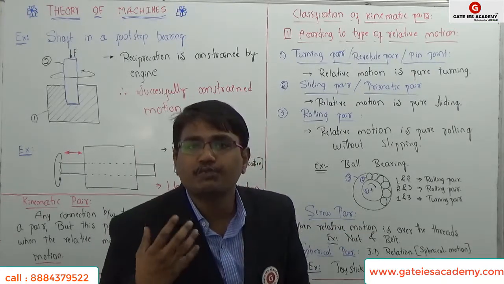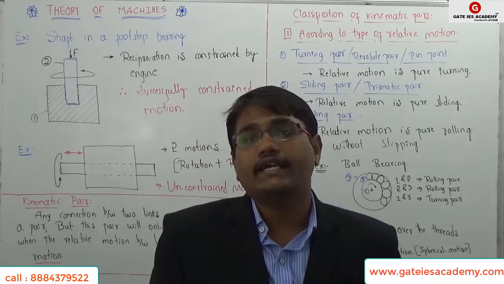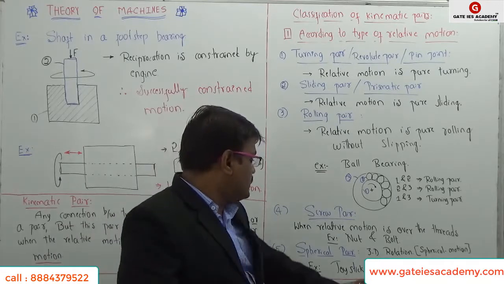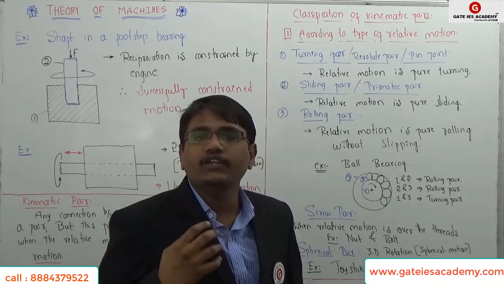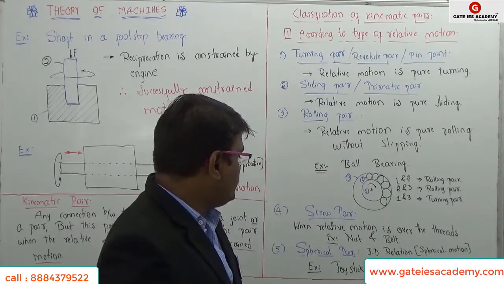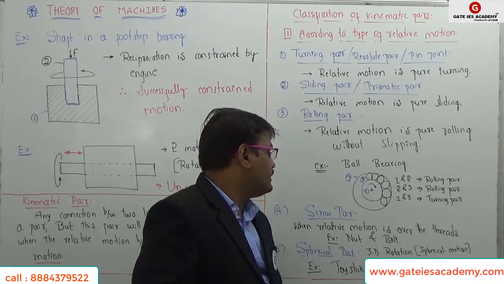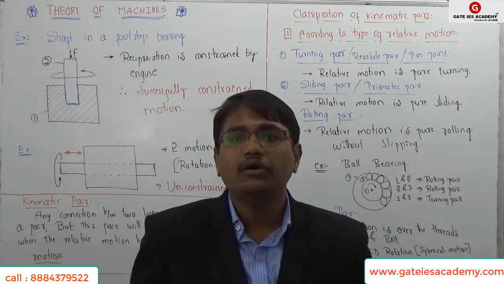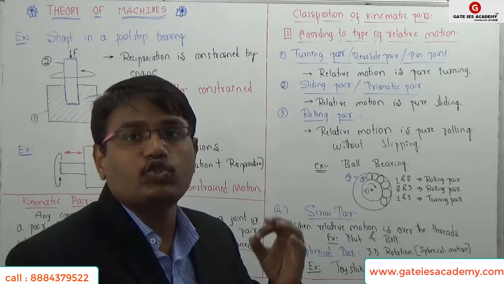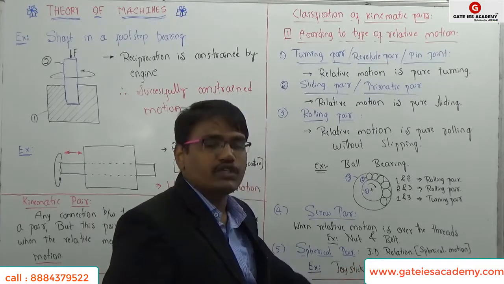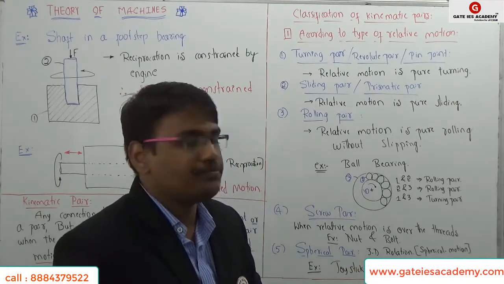And what is a spherical pair? Just like a joystick, one link has a 3D rotational motion over the other link, then it is known as a spherical pair, or a spherical joint. So there is a 3D rotational motion over another link, right?